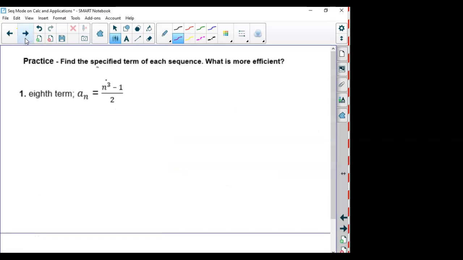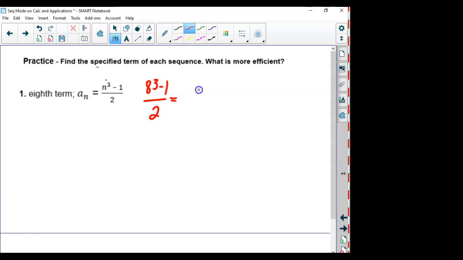Ugh. All right, find the 8th term. What is more effective if you want to find the 8th term of this sequence, guys? It's an explicit formula, so putting in an 8 would be the most efficient way to do this. 8 cubed minus 1, all divided by 2.